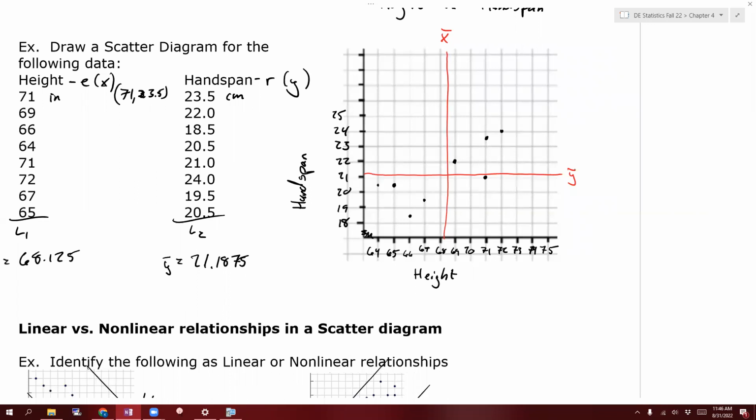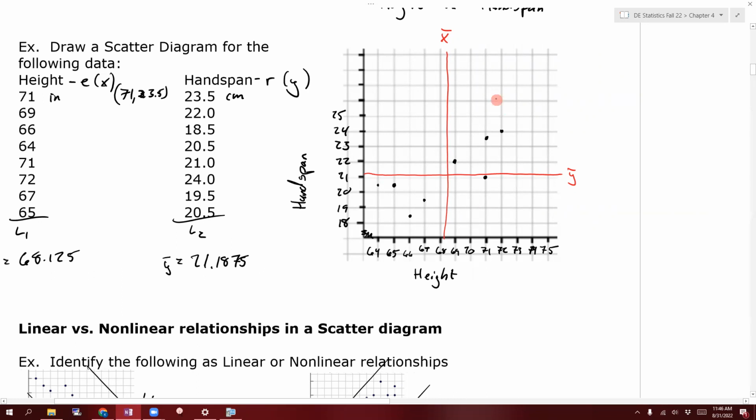So when we look at these lines, anything that falls below the y bar line is going to have a negative y z-score. Anything that falls above the average y value will have a positive y z-score.